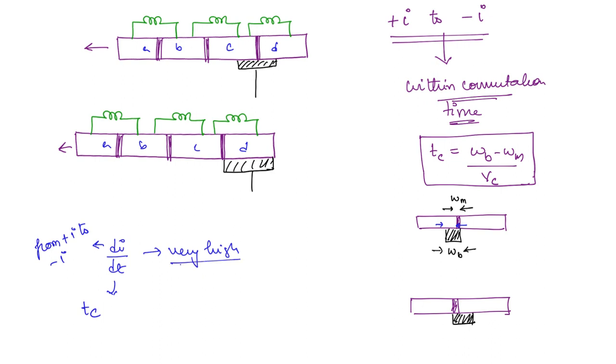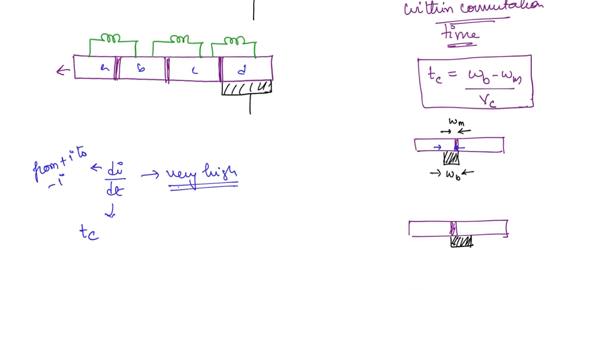If this is very high, then what is the effect? Even a small inductance of the winding is going to lead to a huge voltage drop. We know that the voltage is given by L di/dt. So even if di/dt is very high, even with a small amount of inductance, the voltage drop is going to become very high.